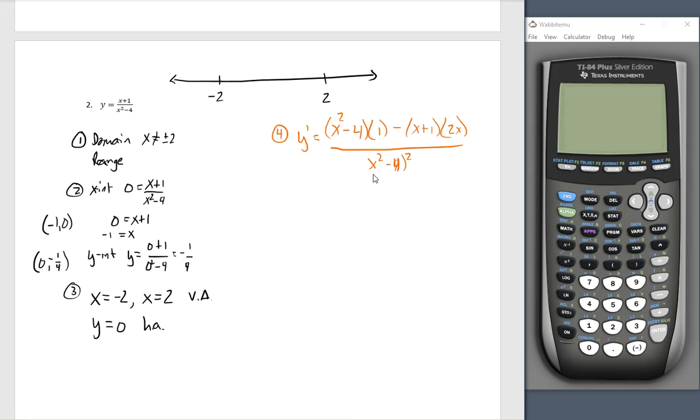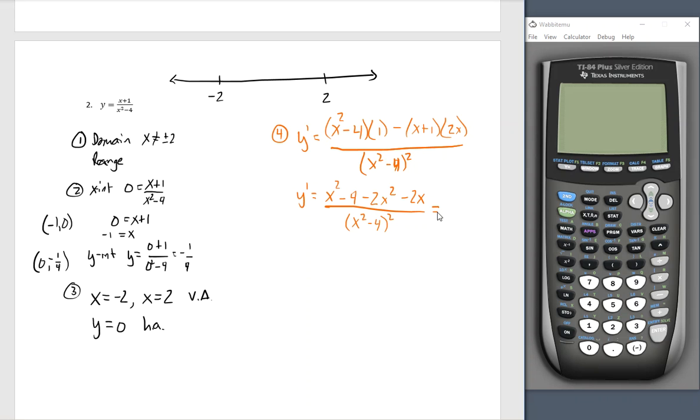Again, 4. All right, so we'll distribute, simplify. We have x squared minus 4 minus 2x squared minus 2x all over our denominator.